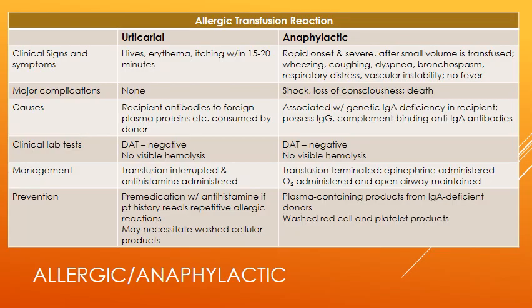There are patients who can have allergic reactions to components or to factors within the components that were specific to that particular donor. Sometimes any donor would have this, and sometimes it's just a particular antigen that was in the donor.